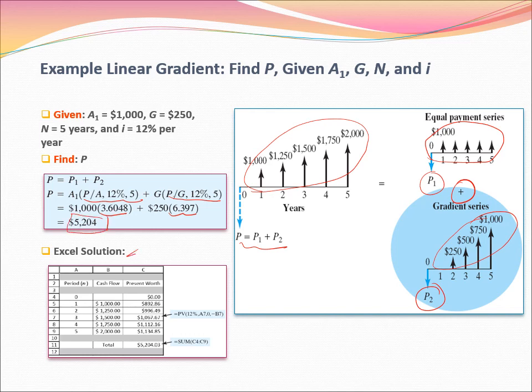Of course, you can use Microsoft Excel to find the present value of this cash flow, and simply you can use the PV formula, the present value formula, to find the present value of each of these cash flows at the current time, one by one.